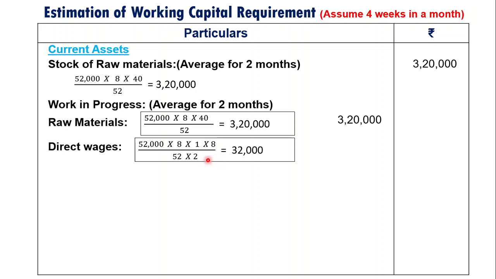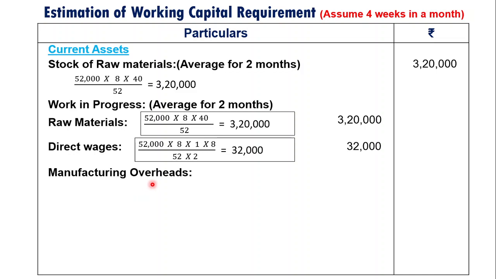If we simplify this, we obtain 32,000, the amount of direct wages to be recorded in the inner column. This 50% application we discussed in detail in the previous videos. Please watch the previous videos with respect to how it should be applied as 50% for direct wages and overheads.